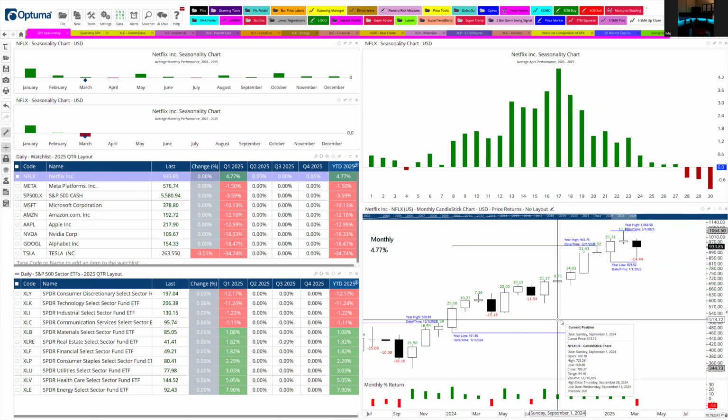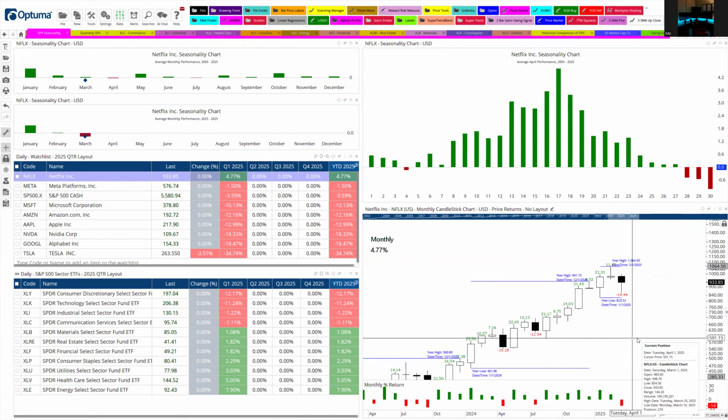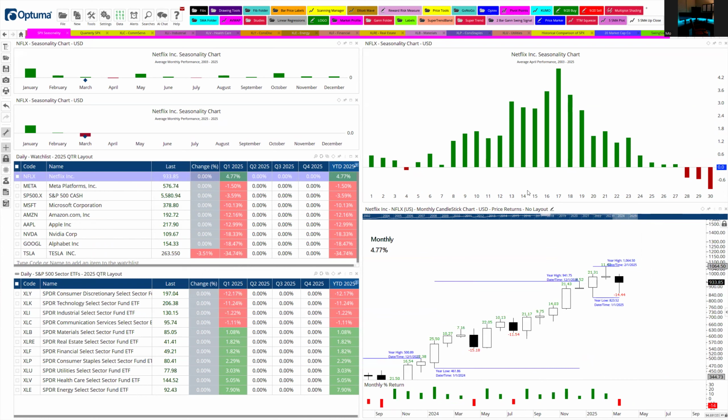Okay, let's look at Netflix first. We have to remember all these stocks are going to go through earnings. I mean, consider seasonality along with earnings.